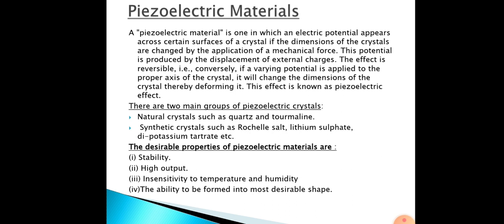So you will get the voltage over here. The elements exhibiting piezoelectric qualities are sometimes known as electroresistive elements. There are two main groups of piezoelectric crystal: natural crystals, or we can call it quartz, and synthetic crystals such as Rochelle salt, lithium sulfate, and dipotassium. Write it.